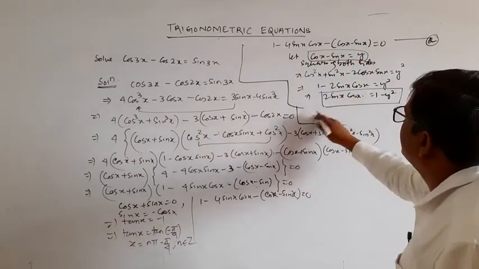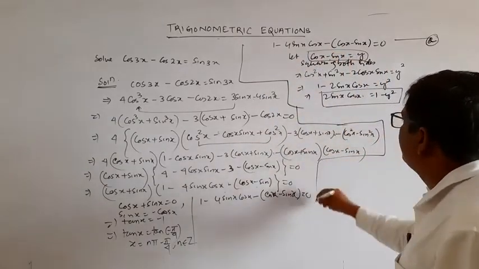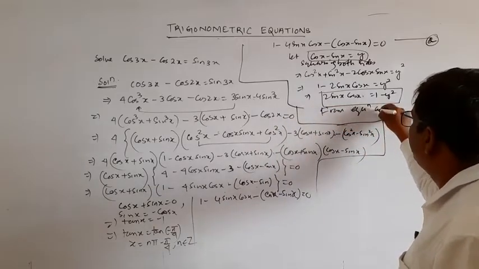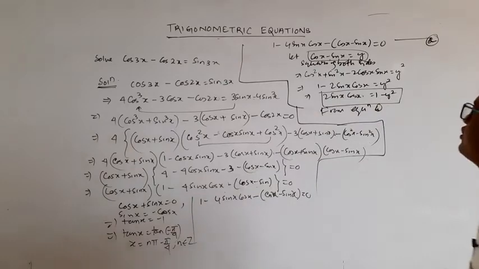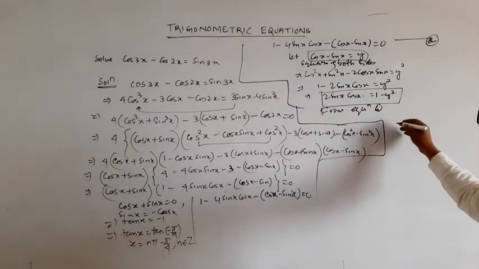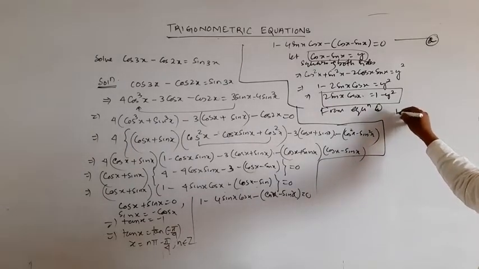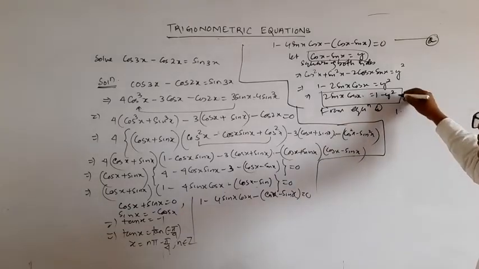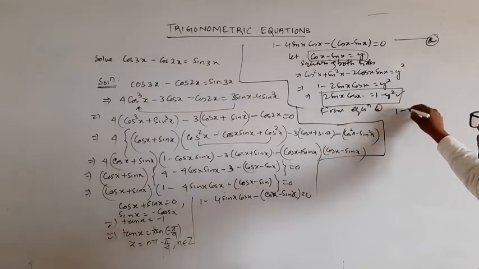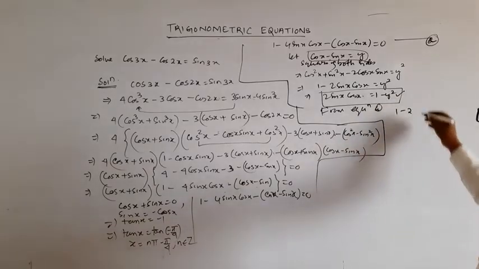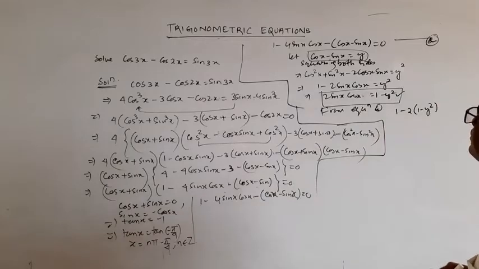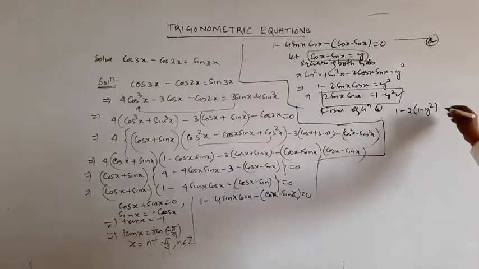So from equation A we get here 1 minus 2 sin x into cos x, which is 1 minus y square. So 2 into 1 minus y square, and sin x minus cos x is equal to y, equal to 0.